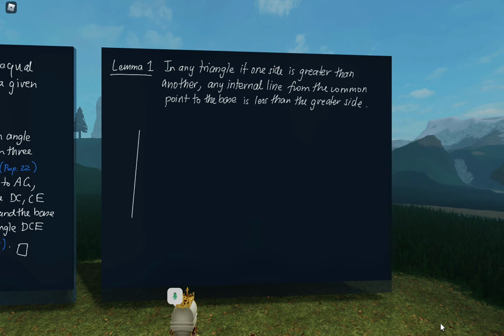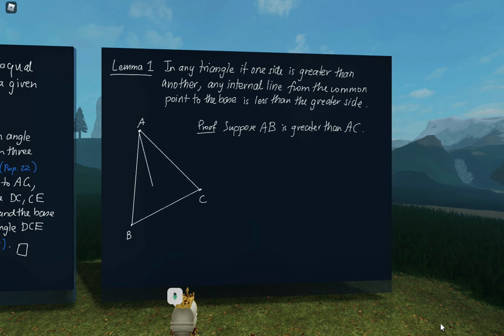So here's the diagram. If I take a triangle, let me call this A, B, C. So suppose AB is greater than AC. And then draw a line from A to any point over here. Call it D. Let D be on BC, equal to neither.